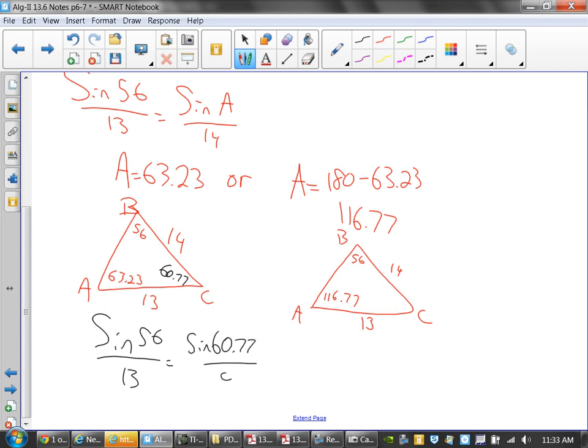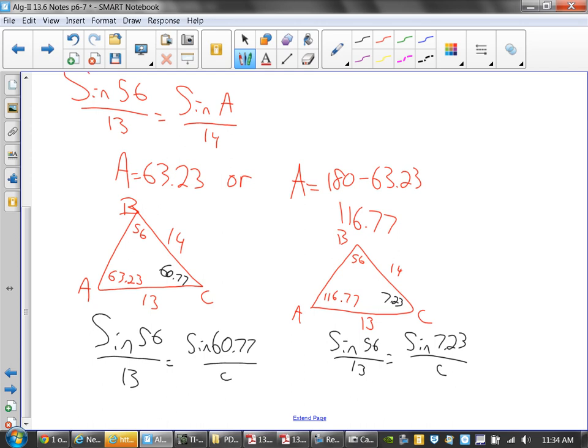And then on the other one, 7.23. Yeah, I'm going to use law of sines again. I can't stress the importance of drawing it out. That's how you're going to be able to force yourself to solve both of them.